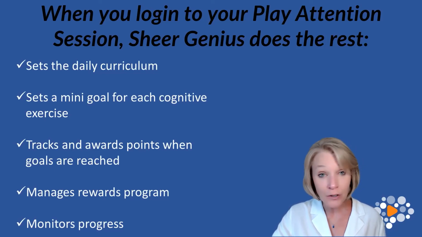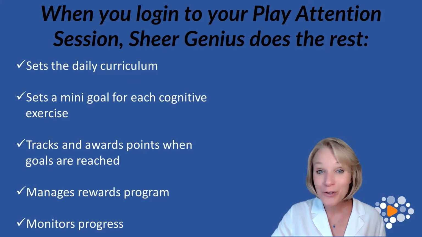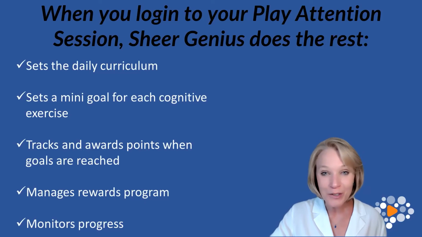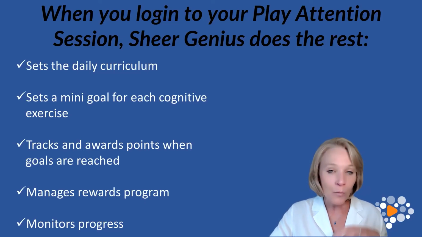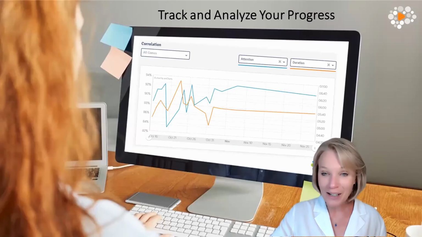So yesterday you completed working memory with 70% attention. Today, let's try 72%. And if you do that, you earn a point, and the point goes into your reward system. So if you or your child or your students do really well with rewards and points, it's all built into Play Attention, and Sheer Genius will track it all for you. And then, of course, monitor your progress.